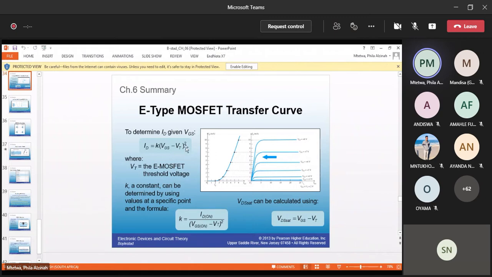This VT voltage is a deciding voltage. It's a voltage below which your transistor switches off and above which your transistor switches on, hence the name threshold.